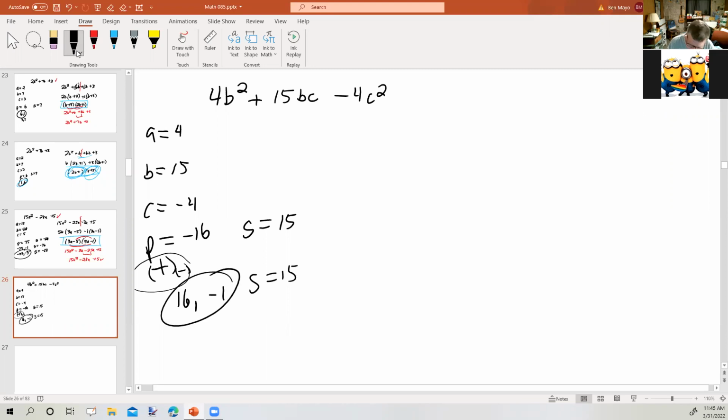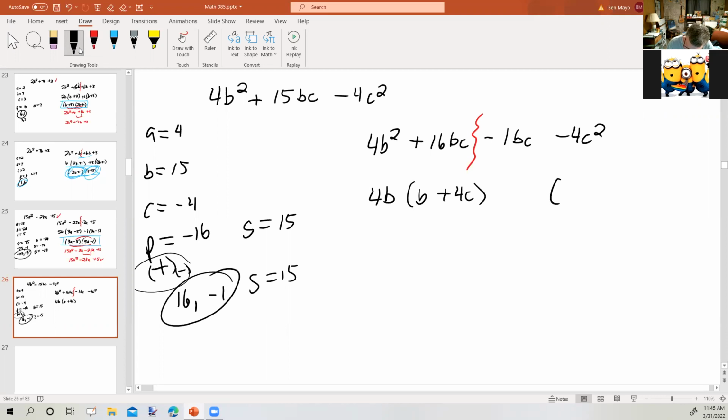So 4b squared plus 16bc minus 1bc minus 4c squared. Okay. Factoring by grouping, the greatest common factor of the first two terms is 4b. The leftovers is b plus 4c.